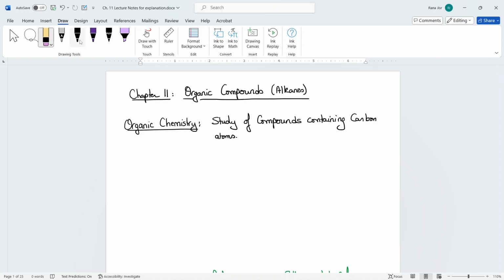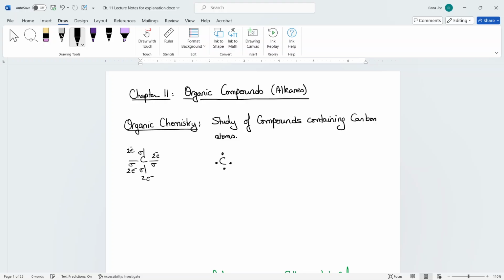When we want to represent a carbon, it always has 4 single bonds. These single bonds, we call them sigma bonds. And each of these sigma bonds constitutes 2 electrons. So in order for carbon to achieve octet, it needs to have 8 electrons. We know that carbon has 4 valence electrons.